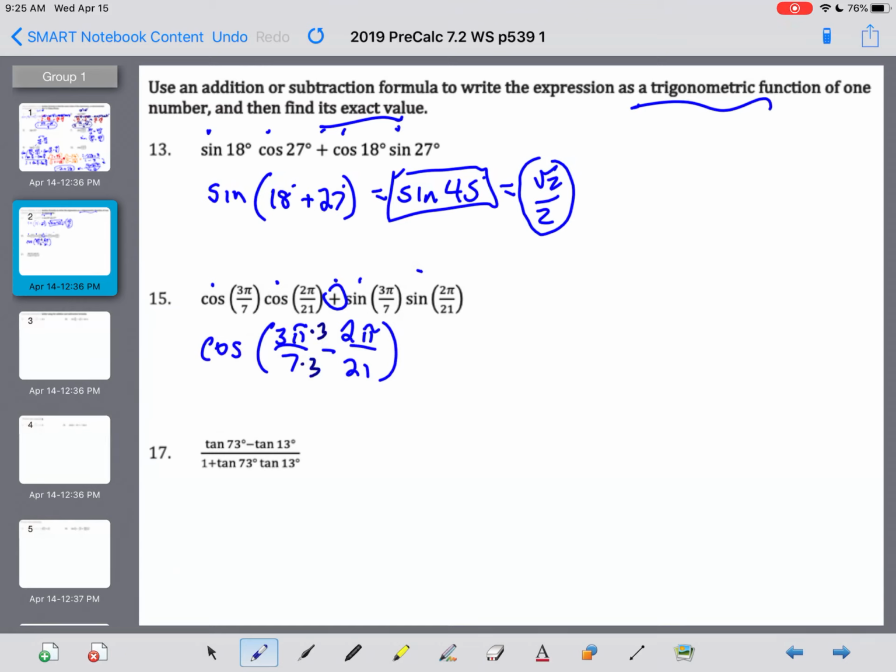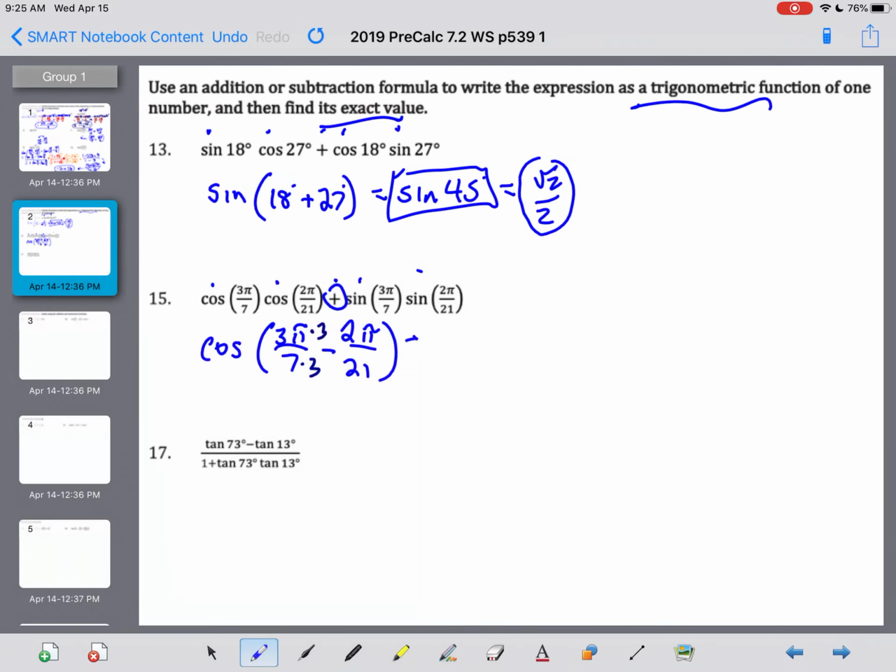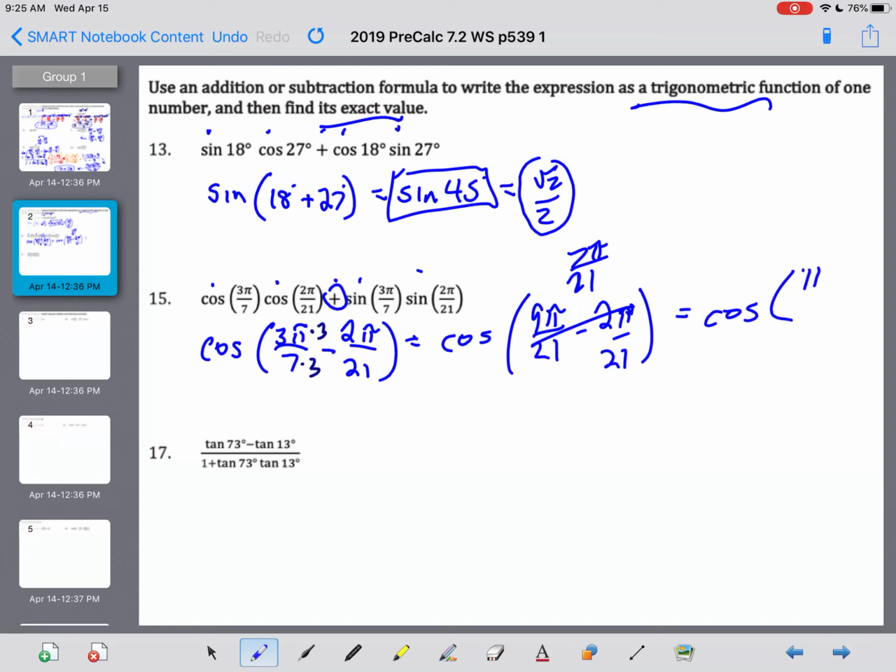So I have to multiply by 3, and that will result in cosine of 9 pi over 21 minus 2 pi over 21. This becomes 7 pi over 21, which gives me cosine of pi over 3. So there's my single. And what is the cosine value at pi over 3? It's going to be 1/2.